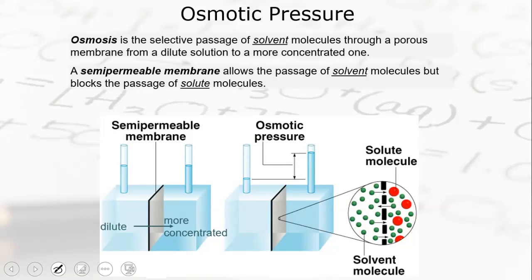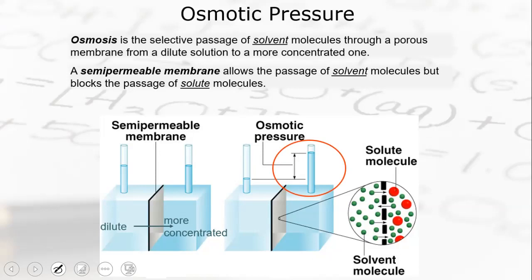As a consequence, if I had attached tubes at the top of each one of these containers, I can see that the level of liquid on the right side, the chamber that was more concentrated, has increased. That's because there's more net liquid moving from the dilute to the concentrated side than from the concentrated to the dilute.